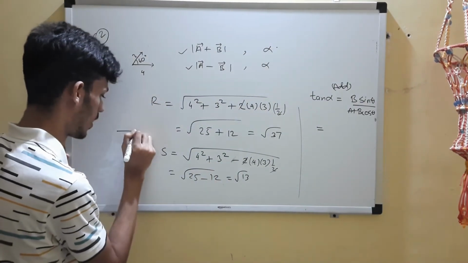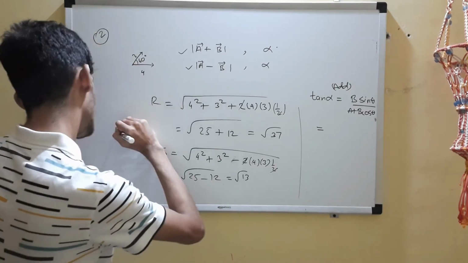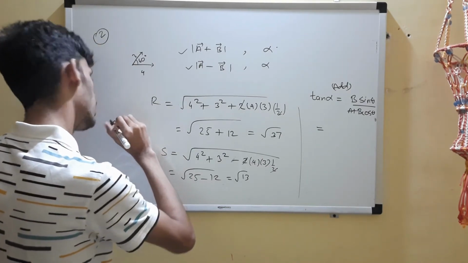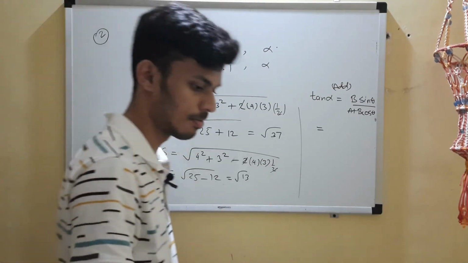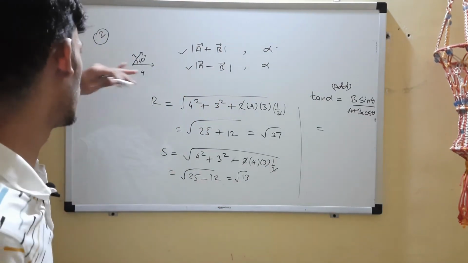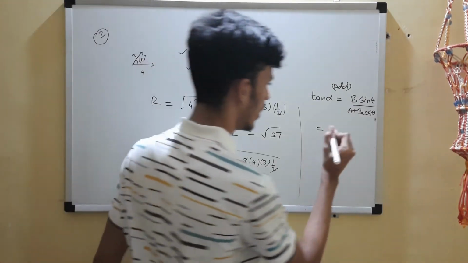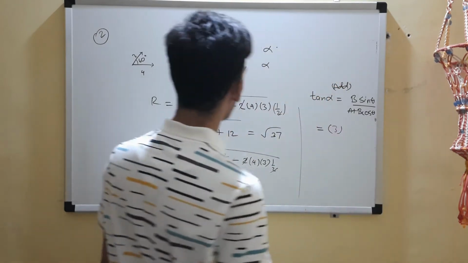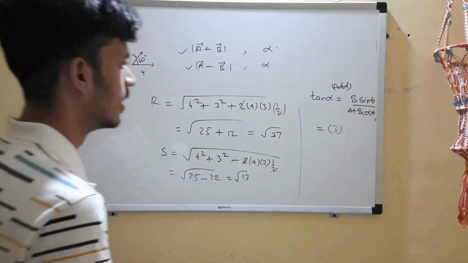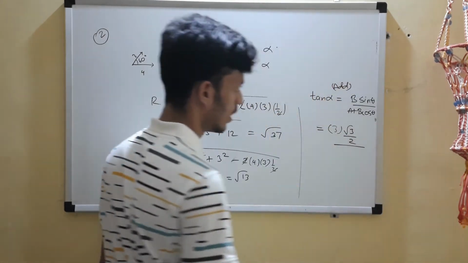Remember that this vector was a, and this is b. You should remember which one is b and which one is a. So 3 into sine of theta, sine of 60 degrees, right? So root 3 by 2, sine 60 is root 3 by 2.